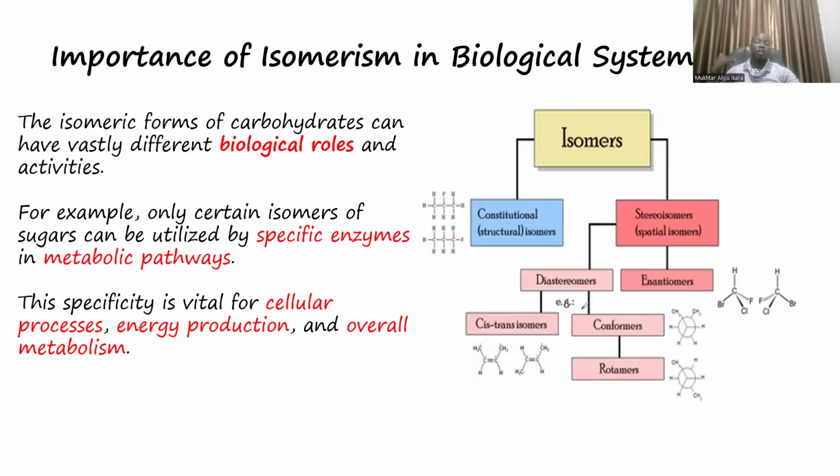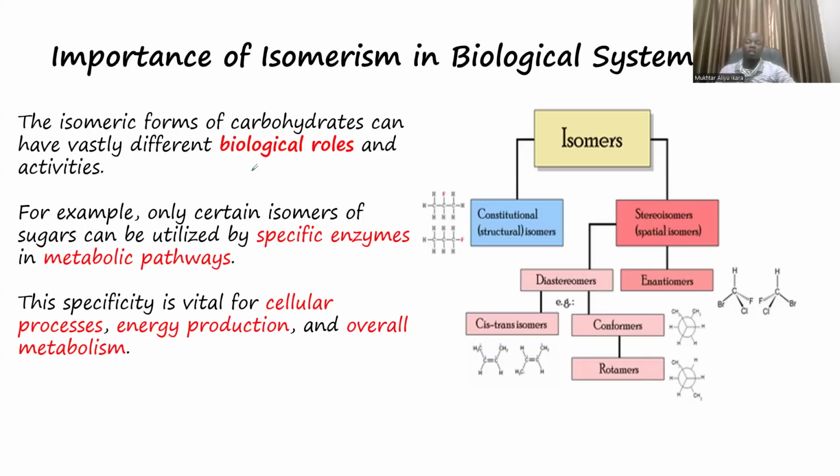So what is the importance of isomerism in biological systems? The isomeric forms of carbohydrates can have vastly different biological roles and activities. For example, only certain isomers of sugars can be utilized by specific enzymes in metabolic pathways. So this isomerism plays a significant role in biological systems.